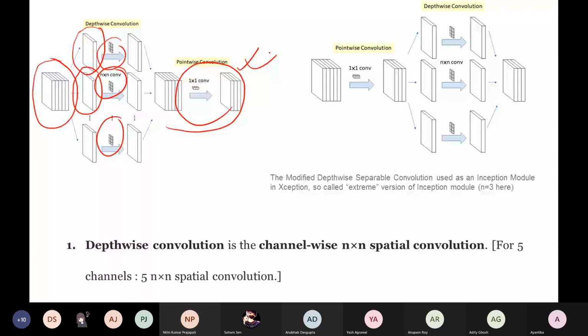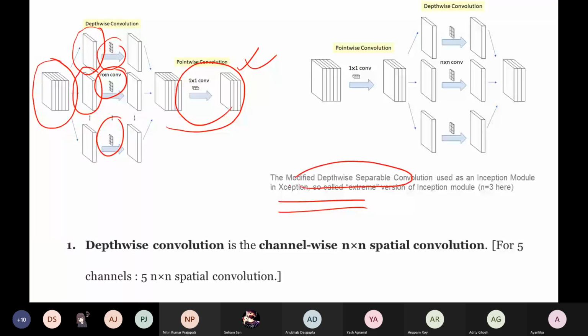Now, Xception, that is, extreme inception. The inception block, you have seen today, considers smaller blocks in layers. We have the concept of split, transform, merge. The same thing you are applying here, but in a modified depth-wise separable convolution.